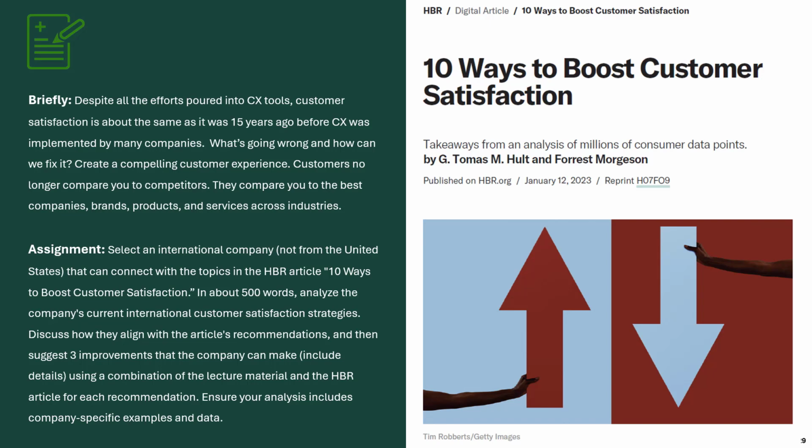Analyze the company's current international customer satisfaction strategies, discuss how they align with the article's recommendations, and then suggest 3 or so improvements that the company can make using a combination of the lecture material that we just went through and the HBR article that I introduced briefly just now for each of those recommendations. Ensure your analysis includes some company-specific examples and some data.